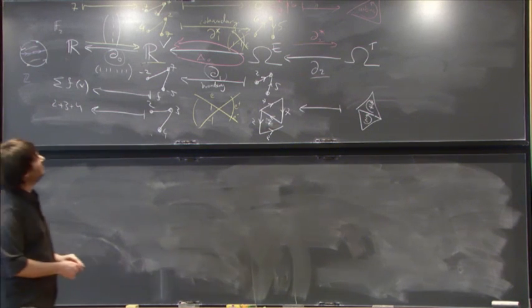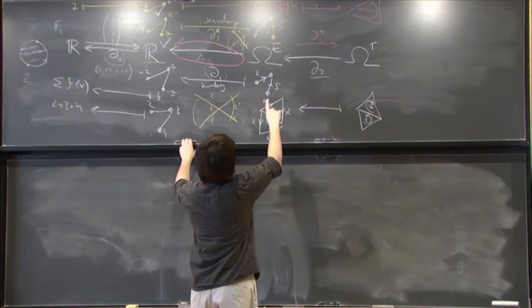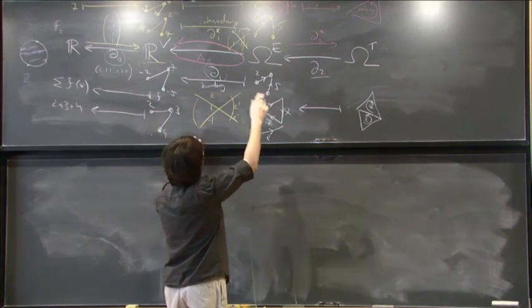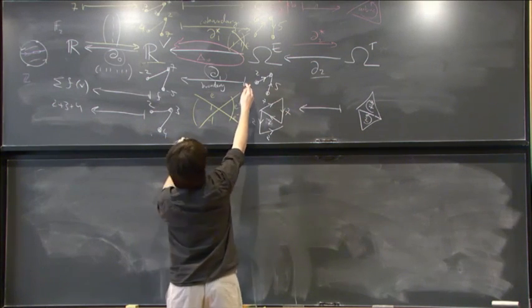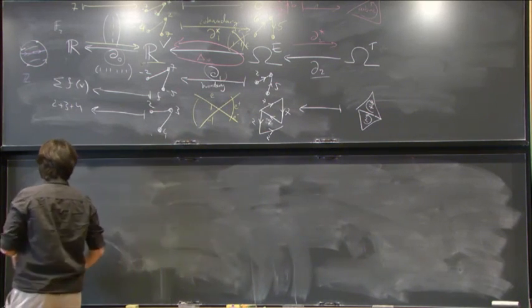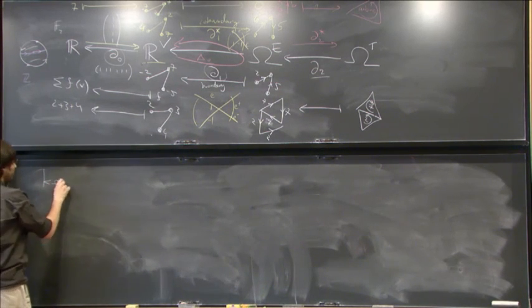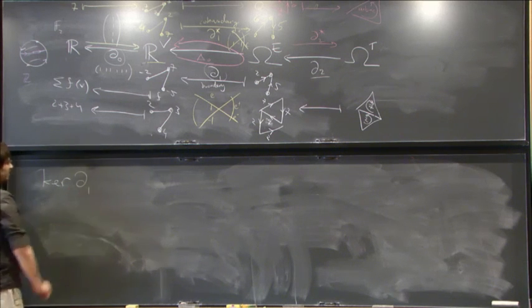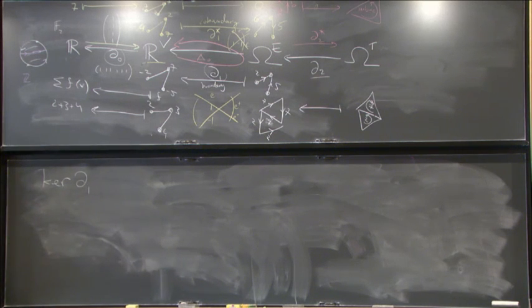Okay, so now we are here, and we want to understand what happens in edges. Before we look at triangles, we still didn't look at what happens at the downgoing map. So I'm interested now in the kernel of the first coboundary.